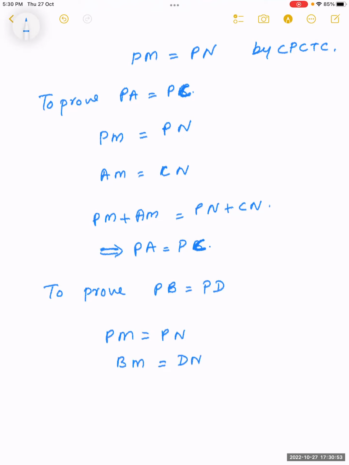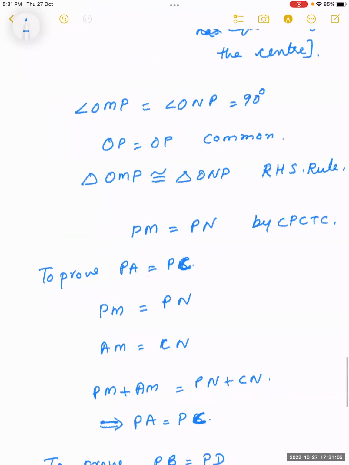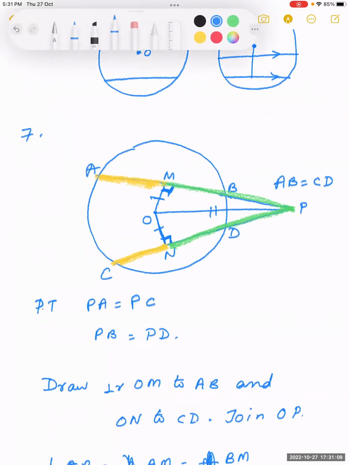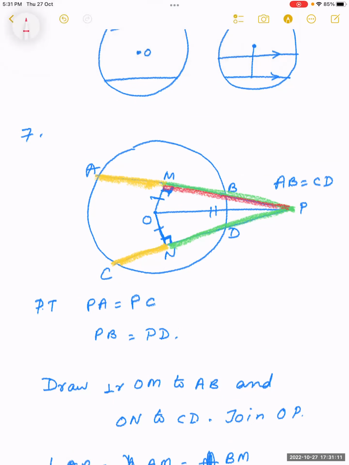Now I'm going to subtract: PM minus BM equal to PN minus DN. Let me show you this with a different color. I have PM here, PN here.